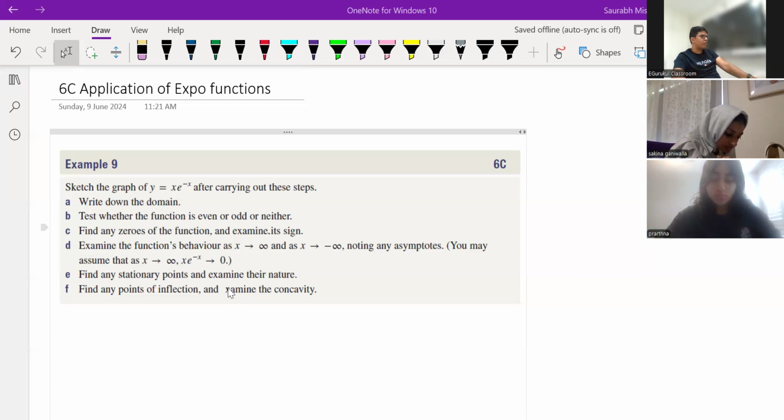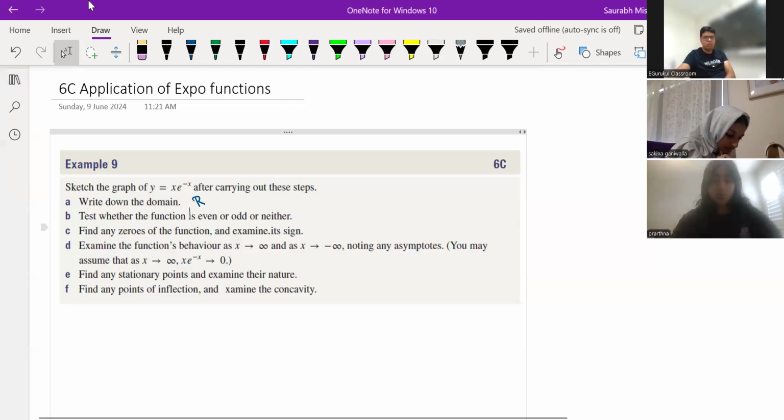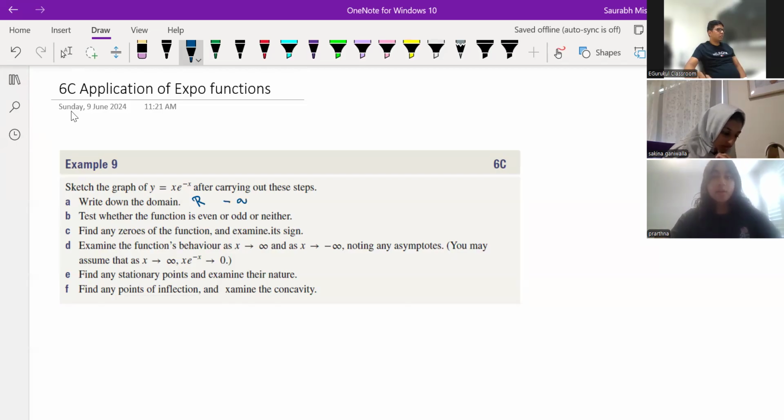Even or odd? Or neither? Sakina, what did you get? I got neither, sir. Because we start with f of minus x and we see it is neither.